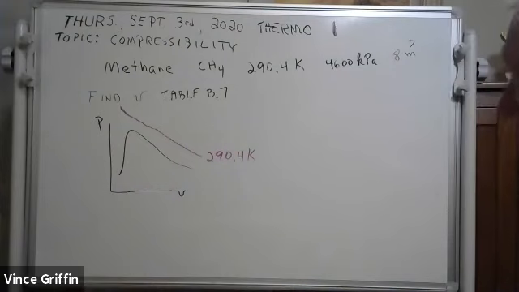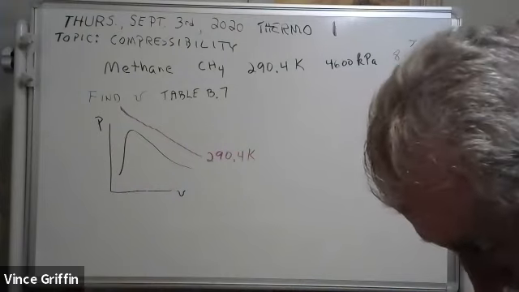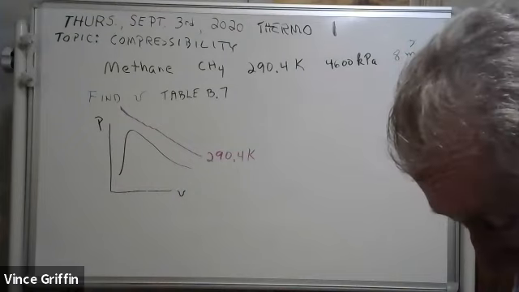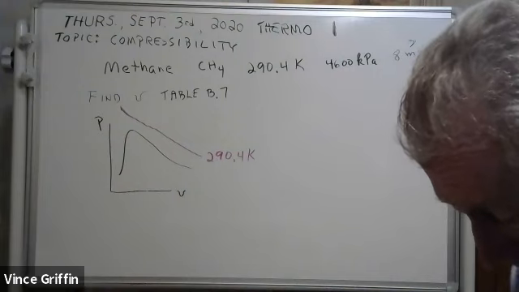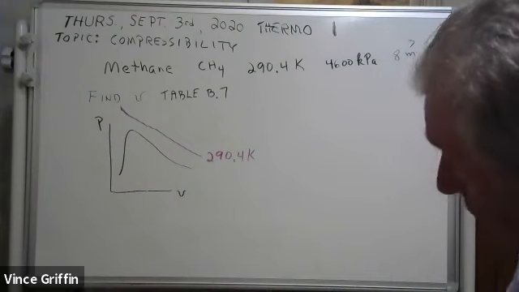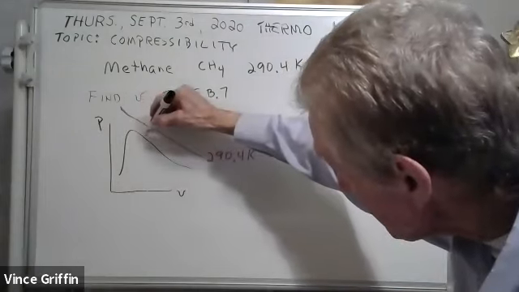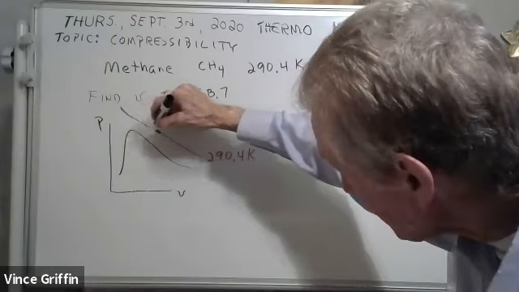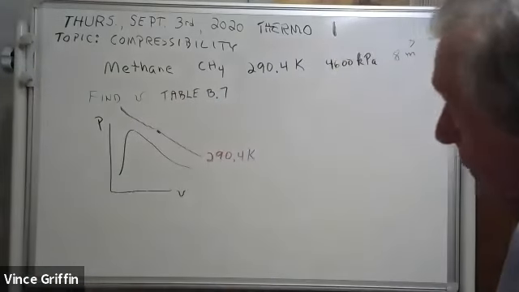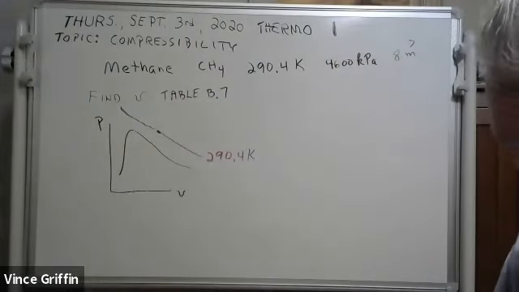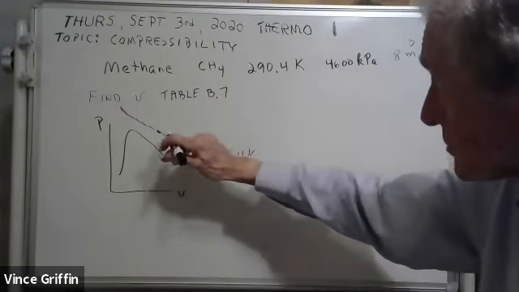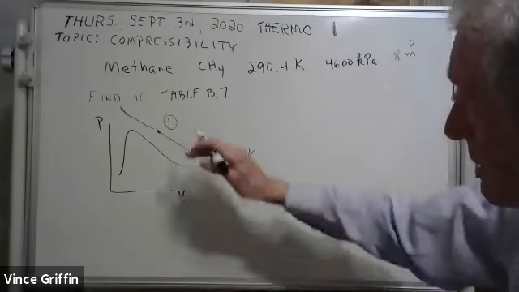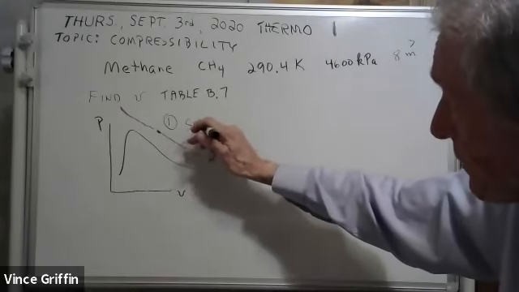And what about our pressure? Well, they have 4,600. That's right at the top of the vapor dome, right about here. Pretty even with the top of the vapor dome. There's your state. You can call it 1 if you want, but we're not going anyplace. We're just going to look it up. But see, it's superheated vapor.